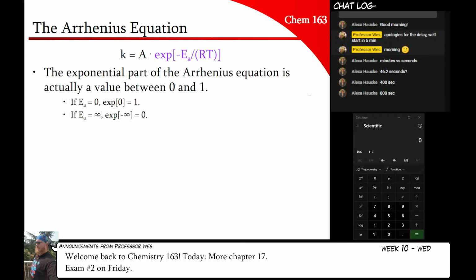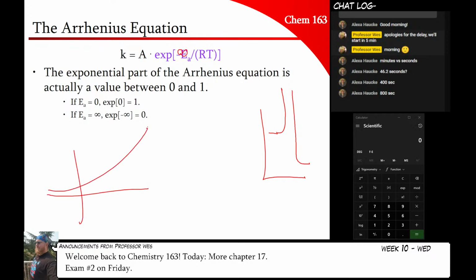But let's go the other way. What happens if I have an infinitely tall activation energy? If that's the case, e to the negative infinity is going to be 0. Because if I look at the graph of e to the x here, e to the x looks something like this, right?